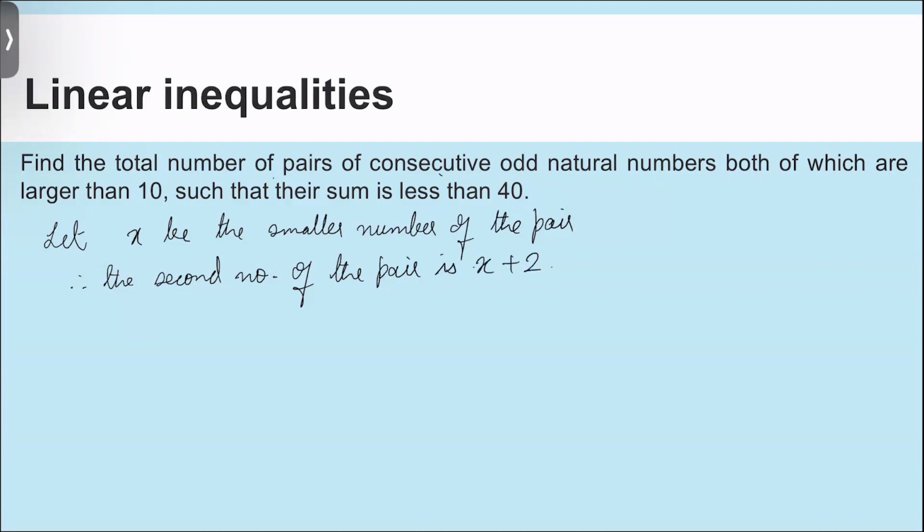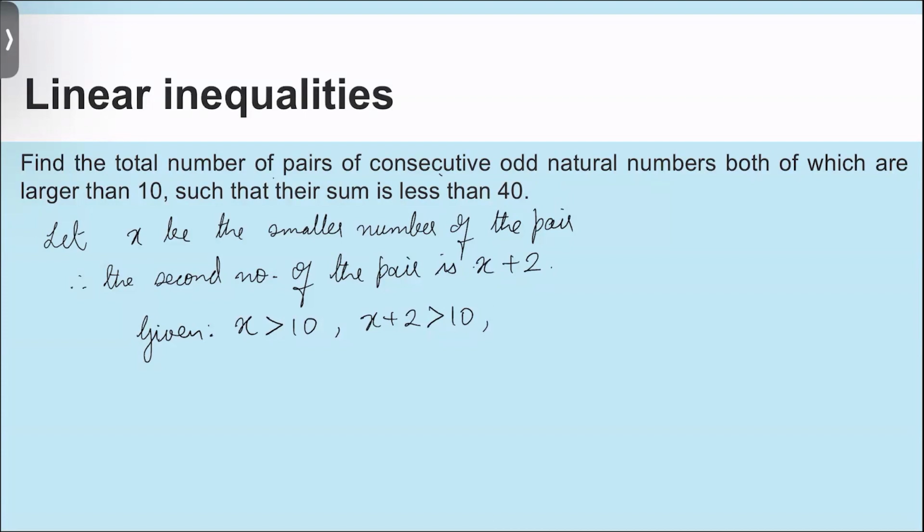Okay, now we are saying that both of these are going to be larger than 10. So your X is larger than 10 as well as your X plus 2 is going to be larger than 10. So this condition is given. And the other given is that their sum is going to be less than 40.